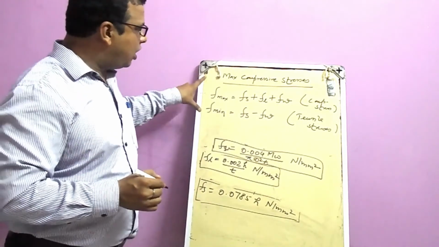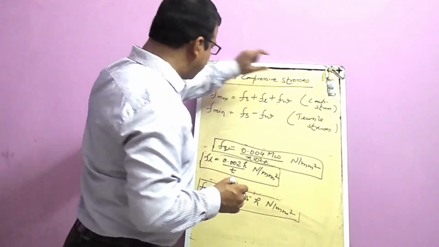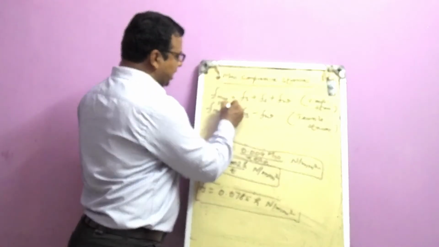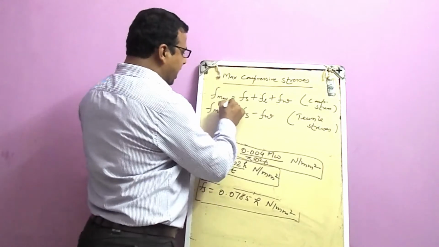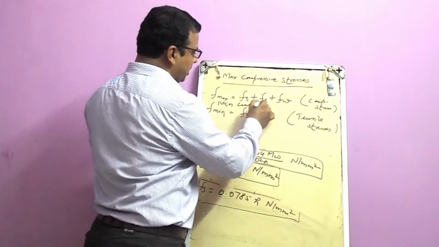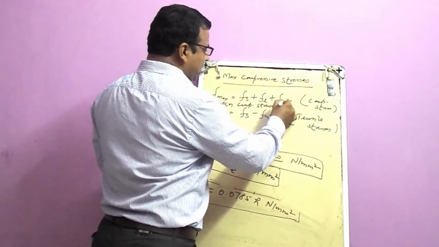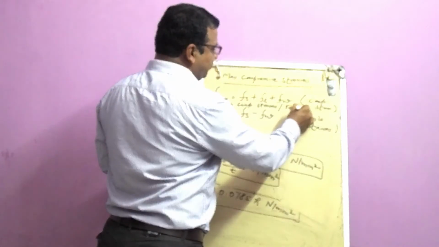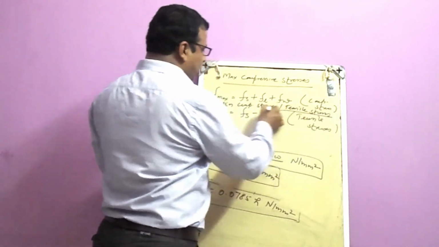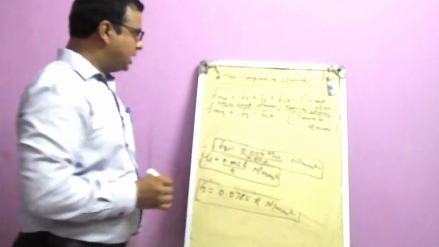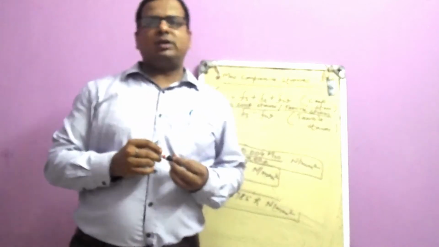So this is the maximum compressive stresses, and this is the minimum compressive stresses, and sometimes if we get it negative, at that time we call it the tensile stresses. So these are all about the steel chimney.